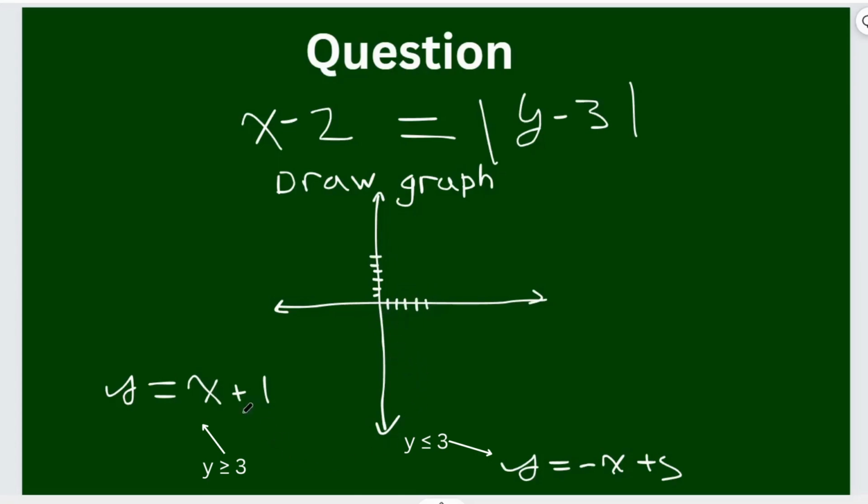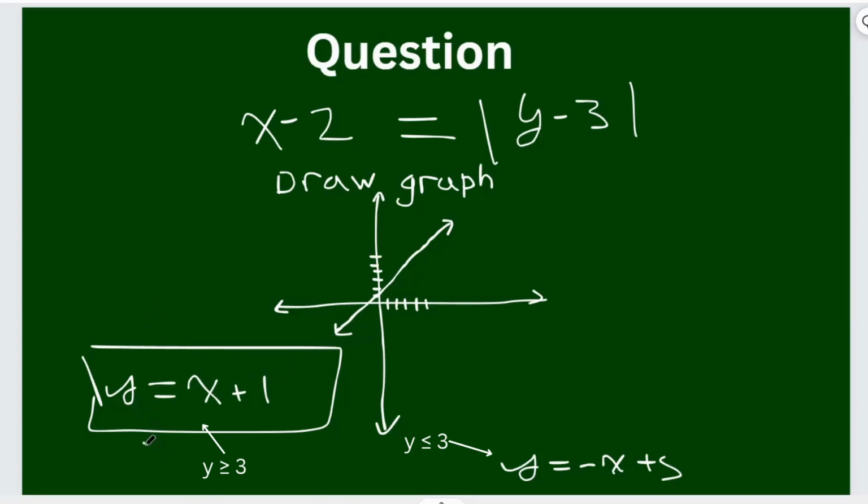So for the first line equation, y equals x plus 1, you have a slope of 1 and a y-intercept of 1. You draw the line something like this, just roughly. You don't have to get it exactly right.